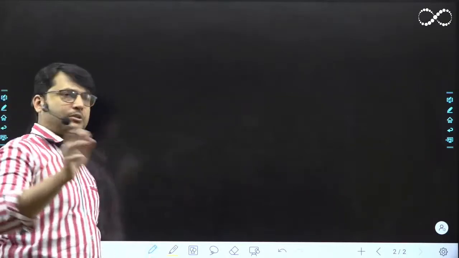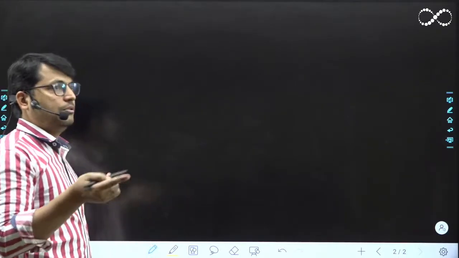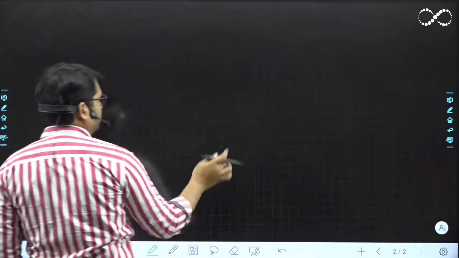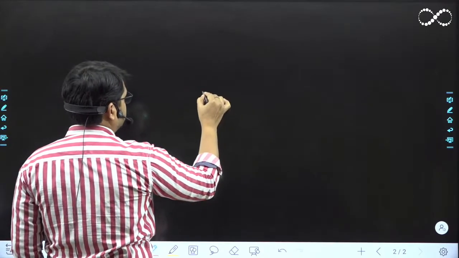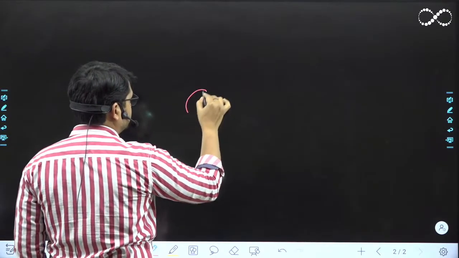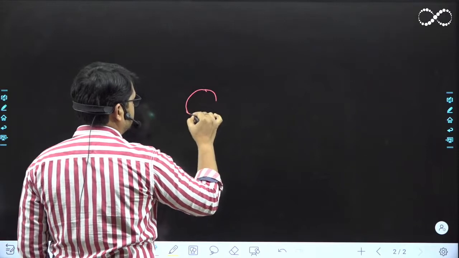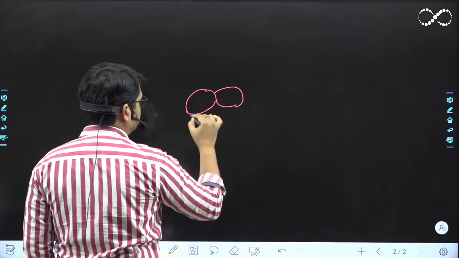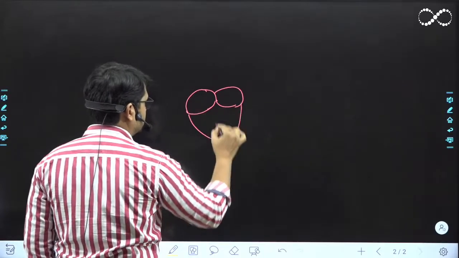Now let's talk about the circulation. How this blood is circulated in your body. Okay. So अगर हम लोग circulatory network की बात करते हैं ना, so our circulatory network is something like this. Here you have heart. Right?